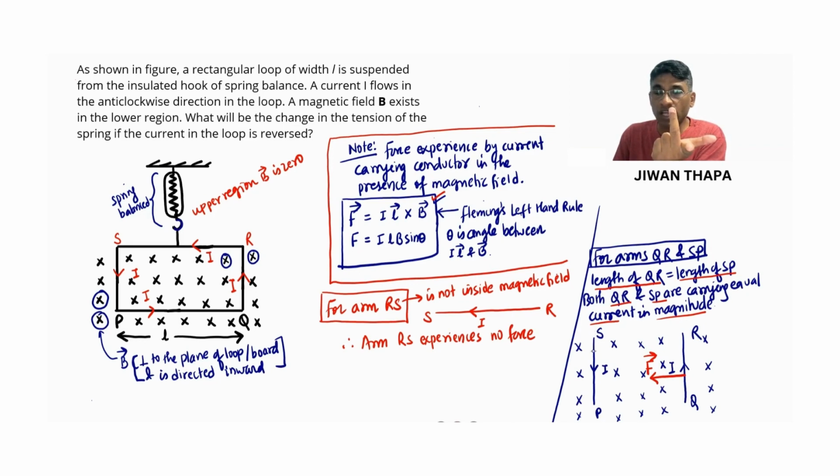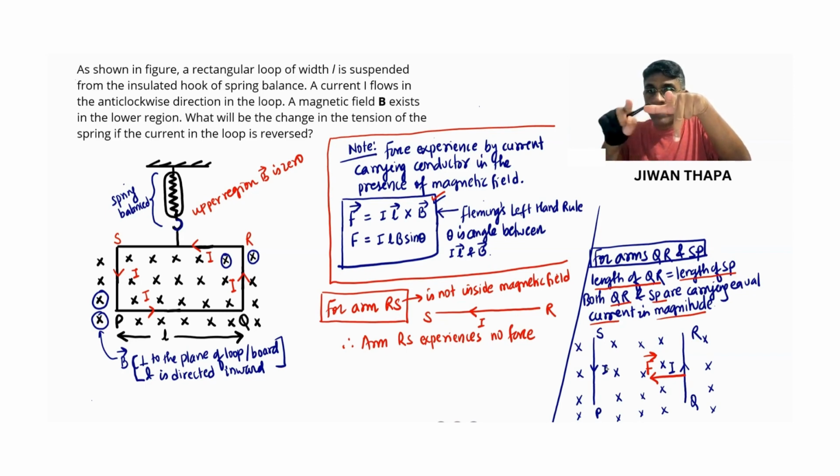It is towards SP. Now let us find the direction of force experienced by SP. Again, I use Fleming's left hand rule. My first finger gives the direction of magnetic field, acting in inward direction. The central finger gives the direction of current, acting in downward direction, and the thumb gives the direction of force.